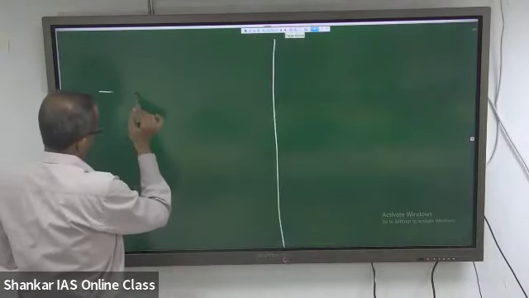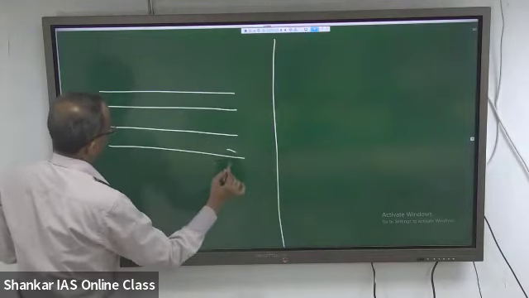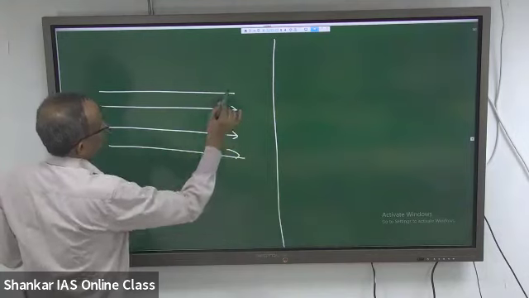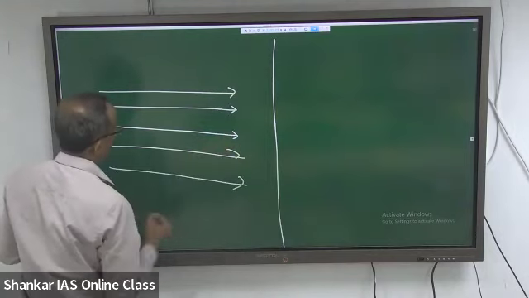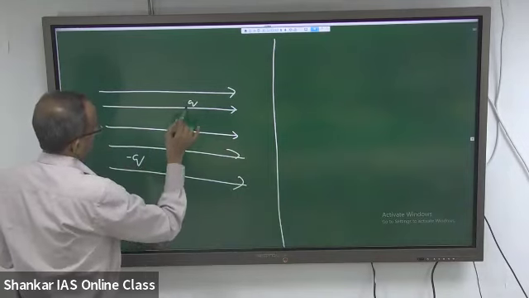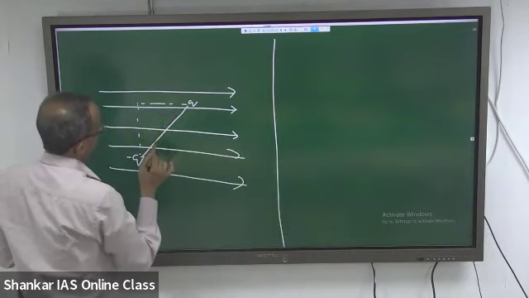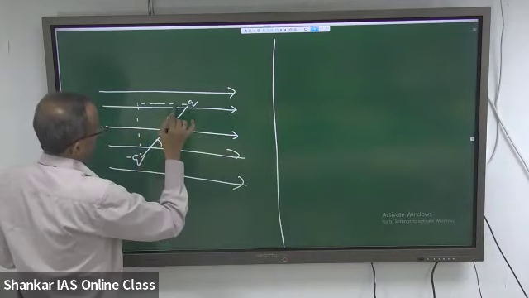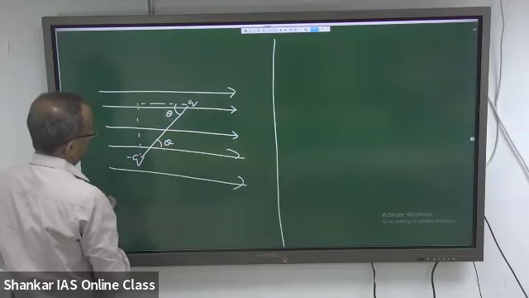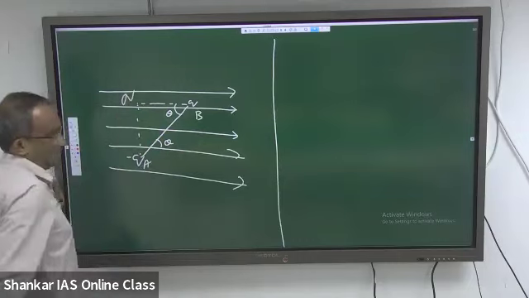See, inside the electric field, negative charge, positive charge, it is kept like this. It is kept at an angle theta. So this angle also will be theta. A, B, and this point is taken as N.